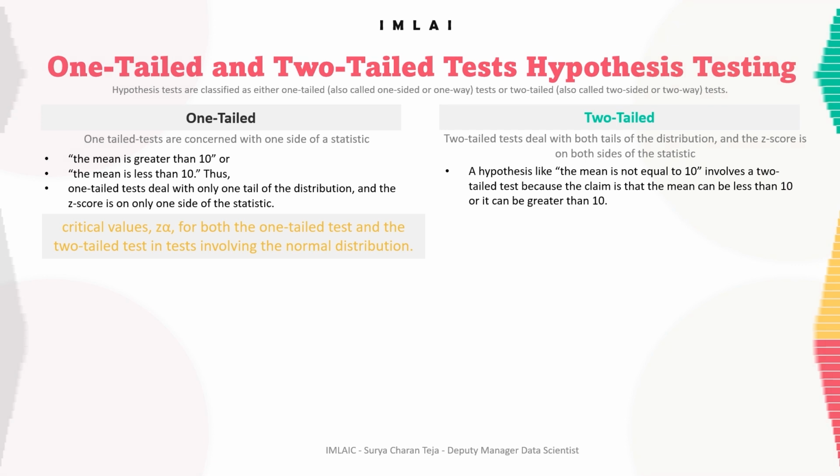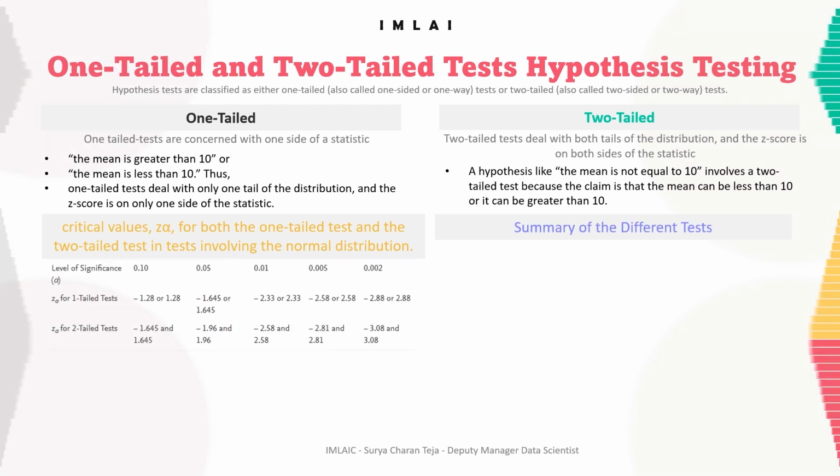So now let's look into a table where you can find critical z-score for one-tailed and two-tailed tests with respect to various levels of significance. The top row that we see is the level of significance.